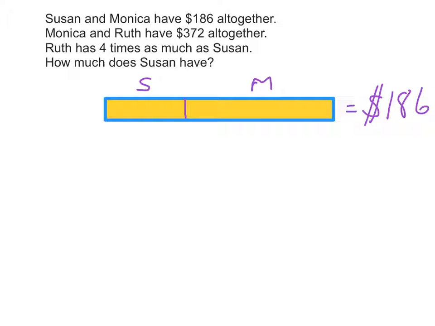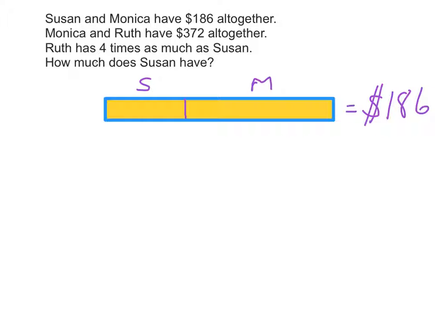Okay, now we need to show Monica and Ruth. Now normally, I guess we would draw just a really long bar because they have so much more money.